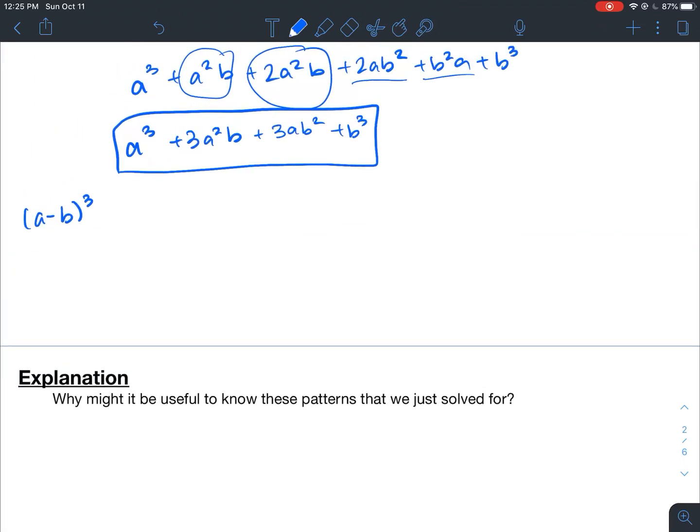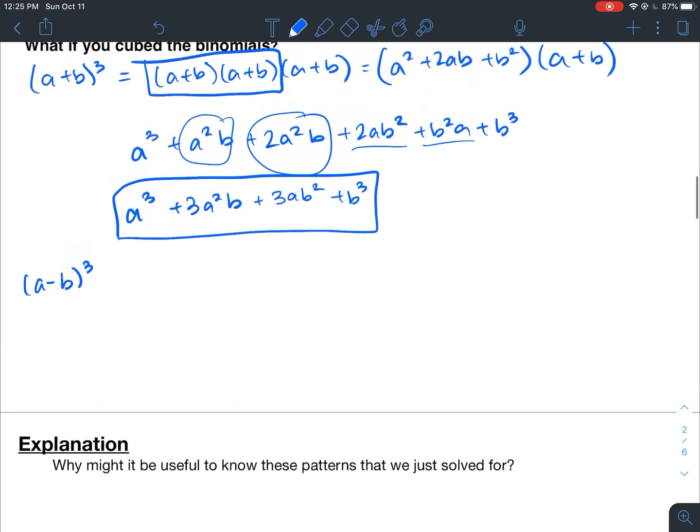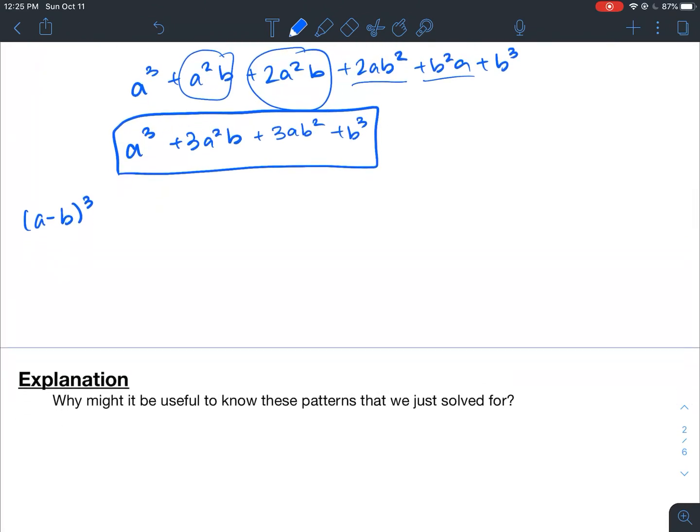It's useful because as we keep going, it's kind of annoying to have to multiply every single binomial together, right? To multiply one binomial with another binomial, with another and another and another, it just takes up a lot of time. So if we know the patterns, I think of it as we can create shortcuts.